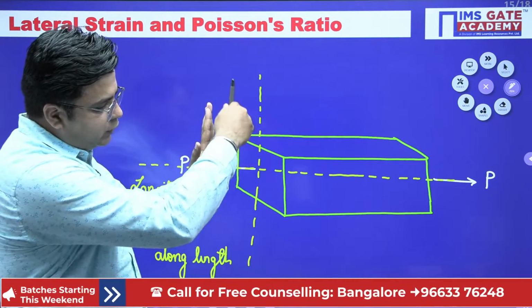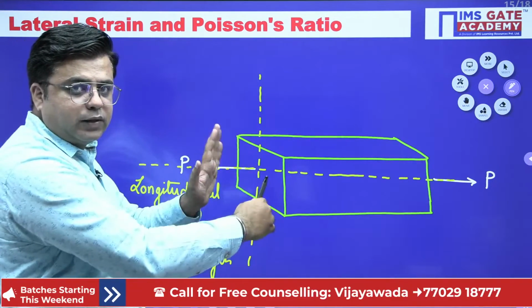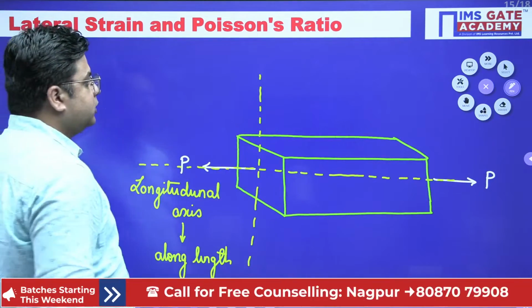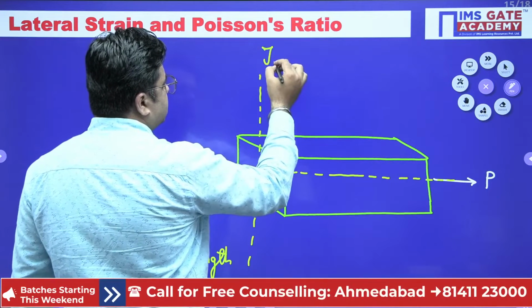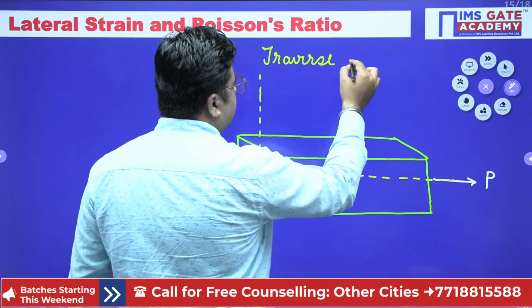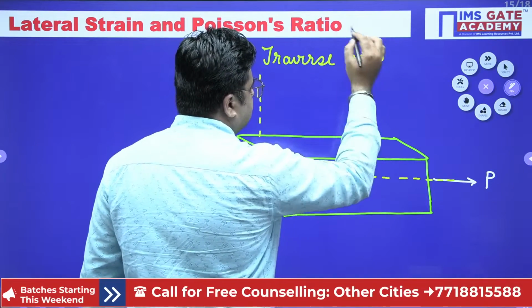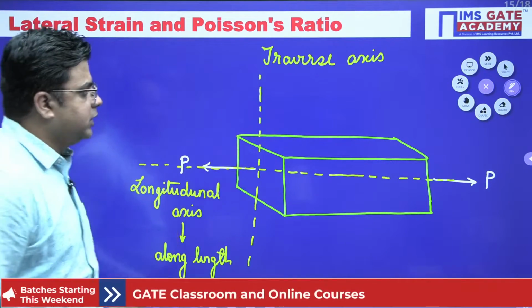The axis which is parallel to this plane is my first transverse axis, also known as the lateral axis, which is parallel to the cross section.